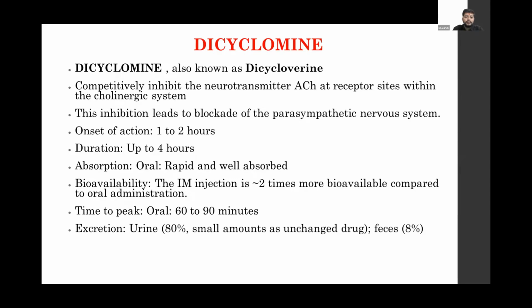Onset of action of dicyclomine is 1 to 2 hours. Duration is up to 4 hours, and it is rapidly and well absorbed orally. Bioavailability for the IM injection is 2 times more than oral administration, and peak concentration takes 60 to 90 minutes. It is excreted via urine 80% and feces 8%.